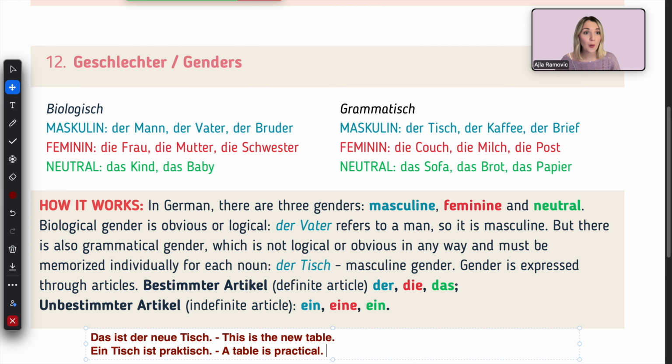It's good to have one, but we are not talking about a specific table, but just about tables in general. To conclude, whenever we are speaking generally about something, then we are using indefinite articles in German. There's one more case.